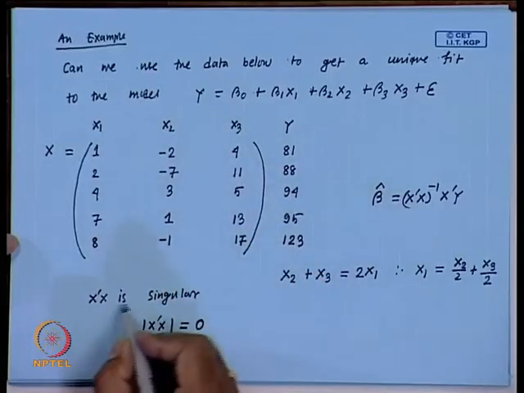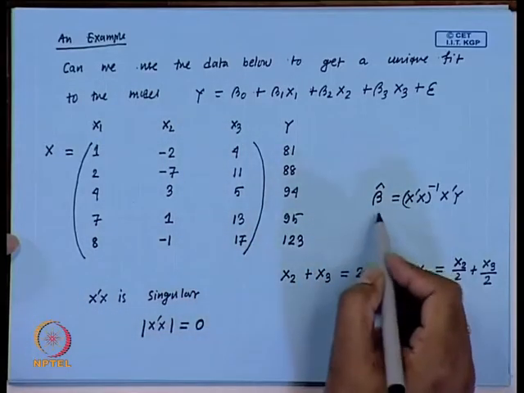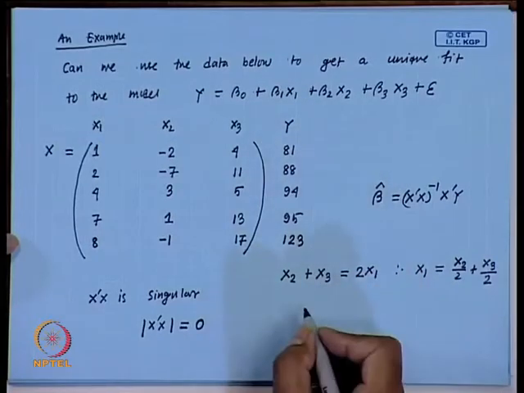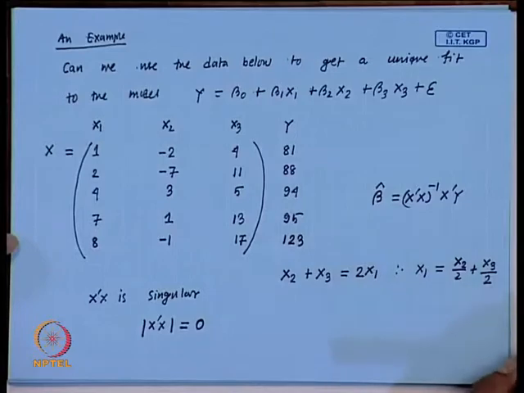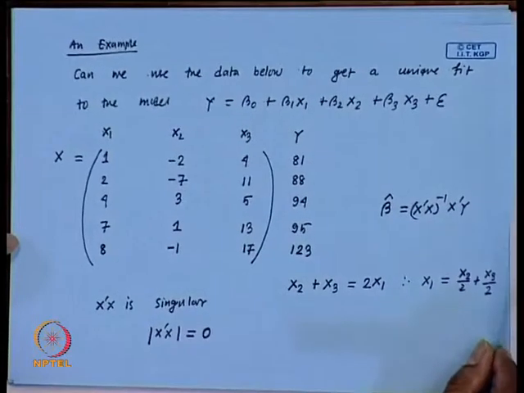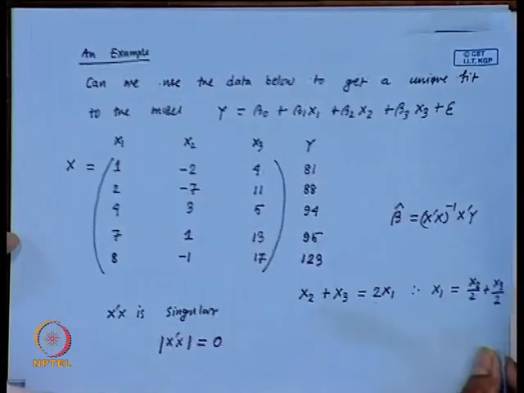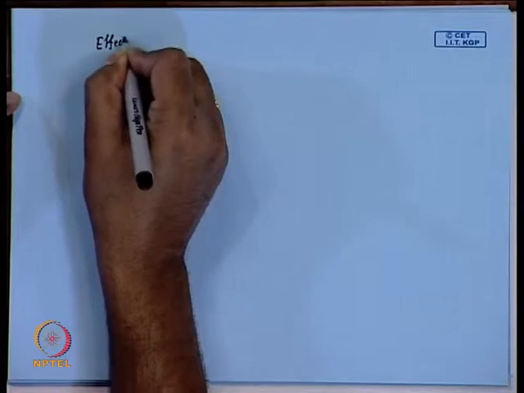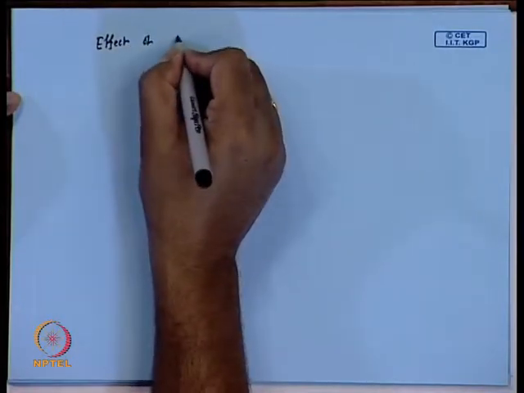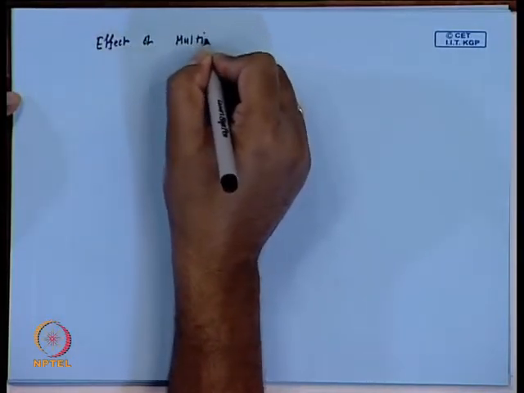So, that is why X prime X is singular, and the problem of multicollinearity exists here. Okay. So, next we will be talking about the effect of multicollinearity.